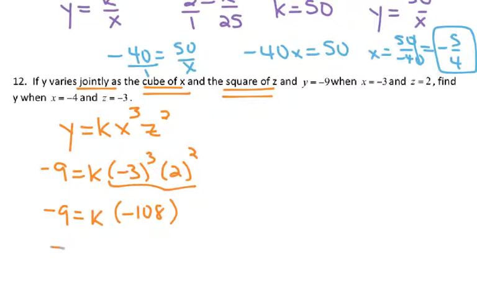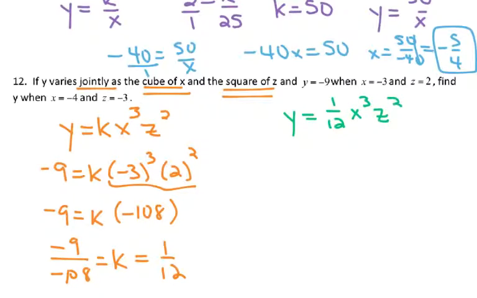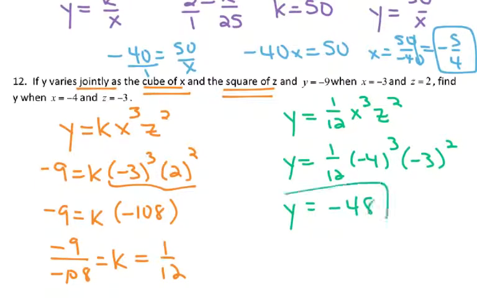Well, those two negatives become a positive, and it reduces to 1/12. So now I have the equation y is equal to 1/12 x cubed z squared. Now I can find y when x is negative 4 and z is negative 3. And I just pop that into my calculator, and it spits out negative 48.